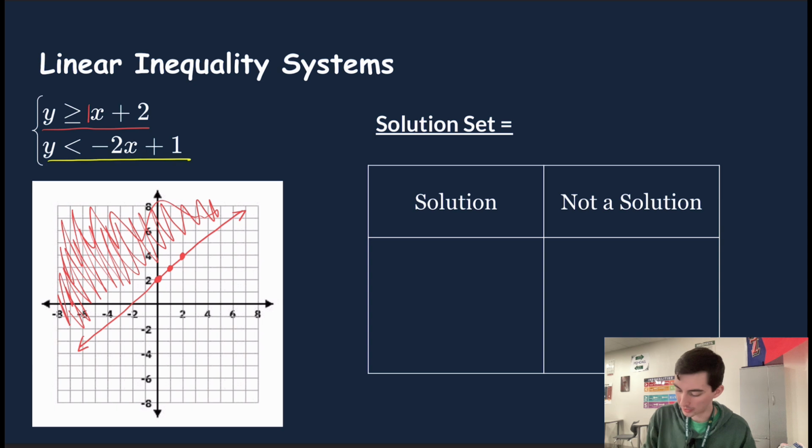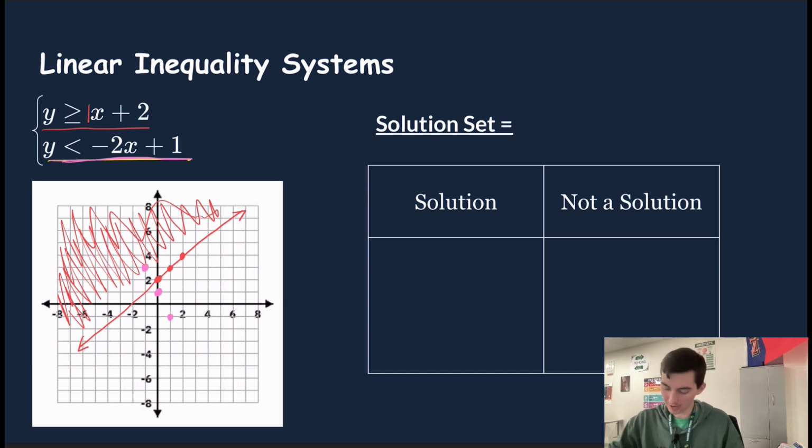I'll do this next one in yellow now. This next one starts at 1. That's not a very good color. Let's try pink maybe? Yeah, let's do this in pink. It starts at 1, and this time the slope is negative 2. So I'm going to go down 1, 2, and over 1 like this, and I can even go the other way and go up 2 and to the left 1.